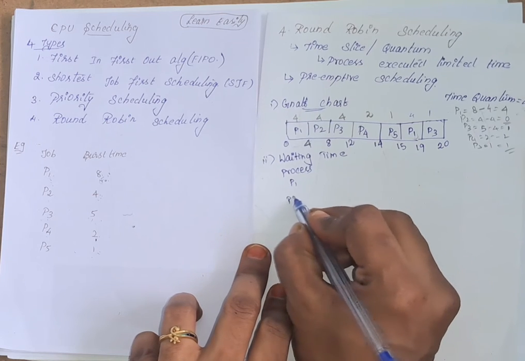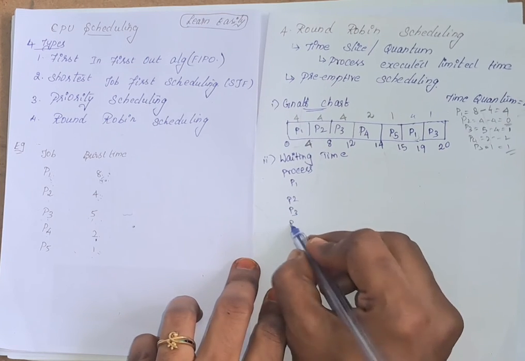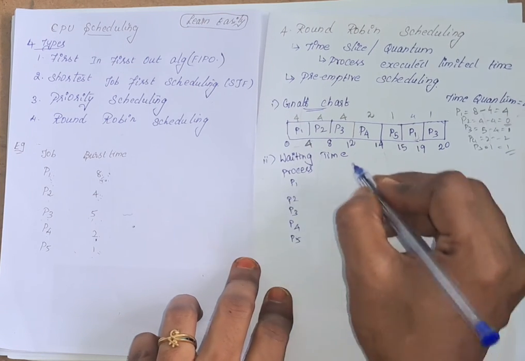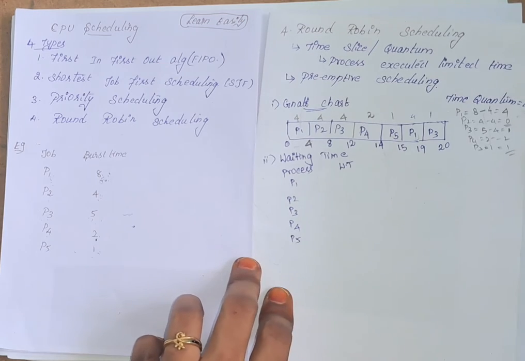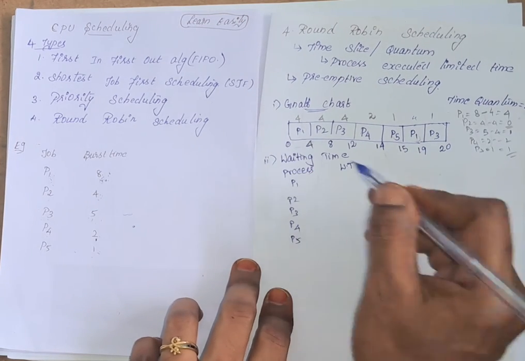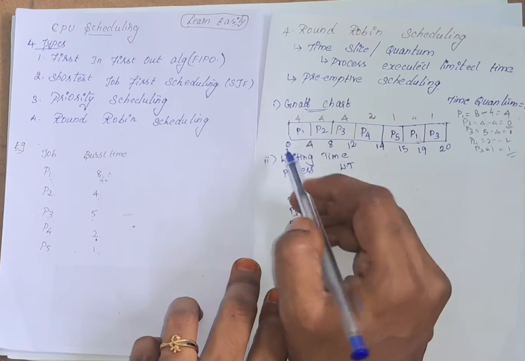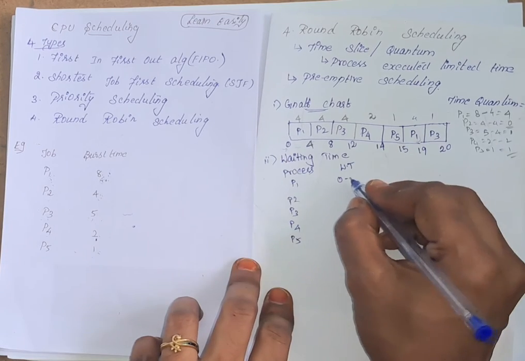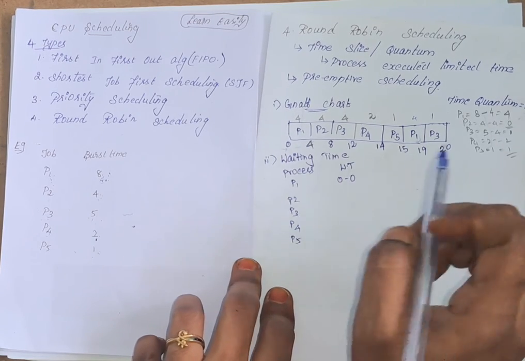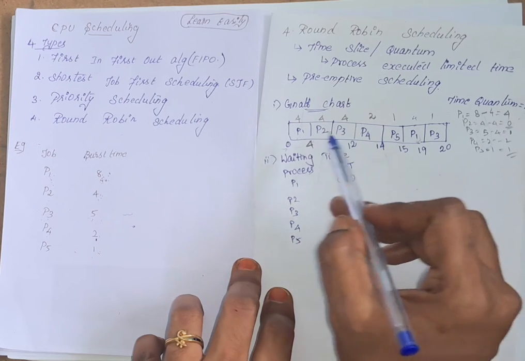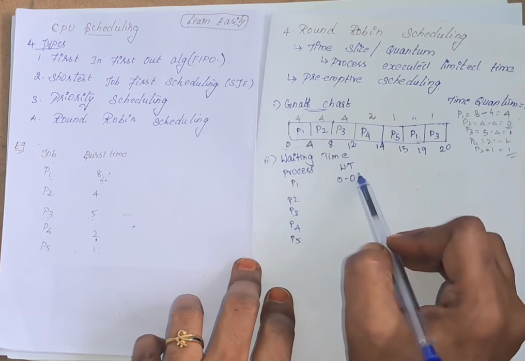P1, P2, P3, P4 and P5 waiting time. Here the waiting time for P1 is 0 and it does not start waiting before, so that is also 0. Then we have to check whether P1 is taken again for execution.